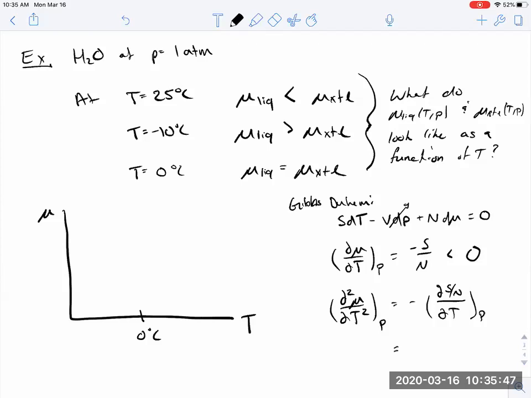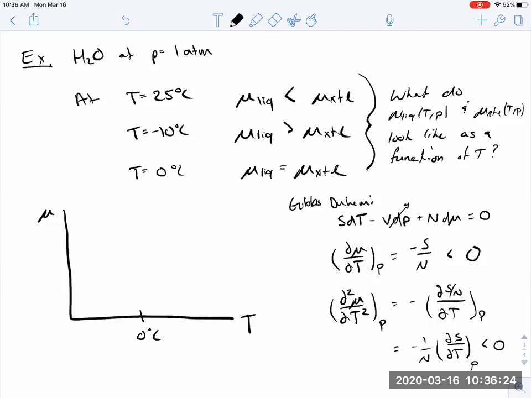This is independent of the scale of the system, so it is implicit that N is being held fixed as well. We could pull that out, and what we're really asking for then is how the entropy changes with temperature at fixed pressure, which is a relationship between conjugate variables that we know has to yield this derivative being overall negative. So the chemical potential is a decreasing function of temperature with a negative curvature.